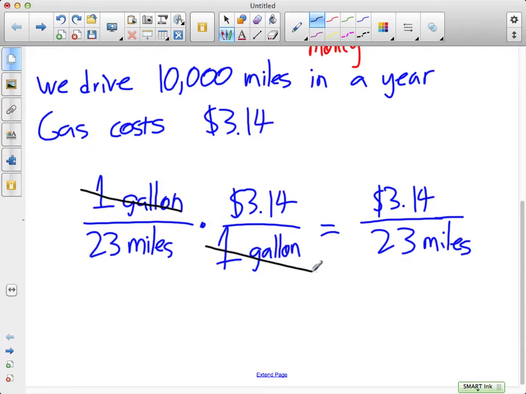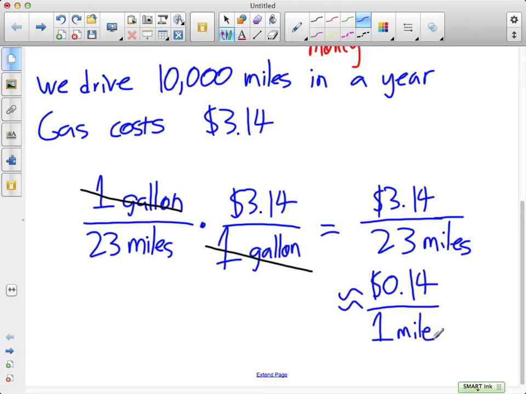And then the fraction 3.14 over 23 reduces to approximately 14 cents for 1 mile, or 0.14 for 1 mile.